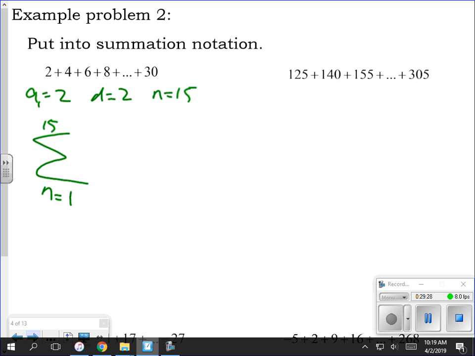It's actually more of an E, but it's sigma notation because it's Greek. And you'll see it when it's typed up. It looks better. Okay. And then plug in the formula. First term plus n minus 1 times d.